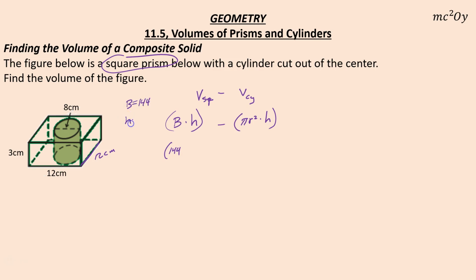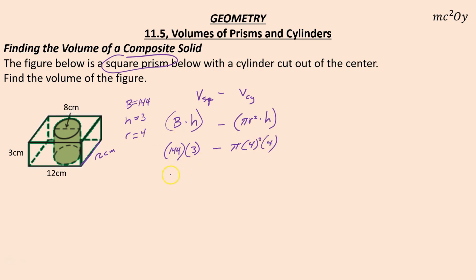Our height is 3. And our radius, the other measure we're using, is half of 8, which is 4. Okay, so just substituting pieces in. 144 times h, which is 3, minus pi times r, which is 4, squared times h, which is 3.